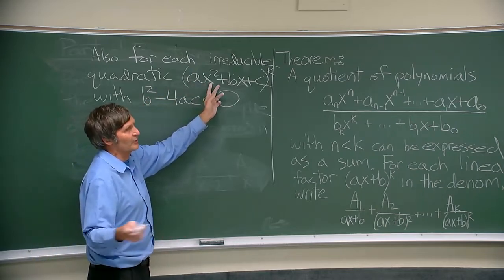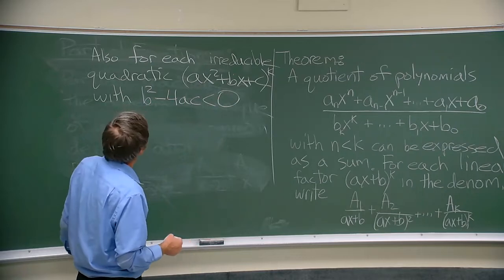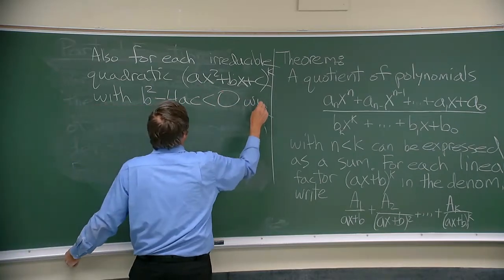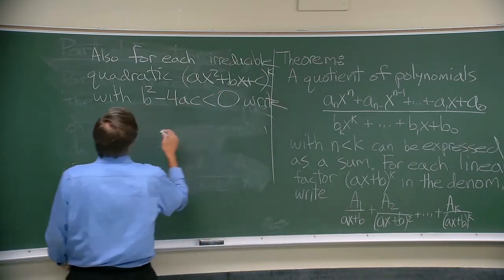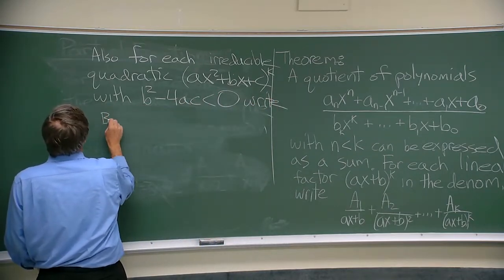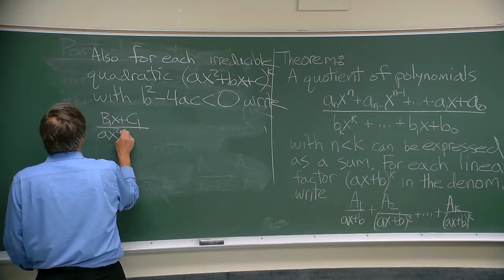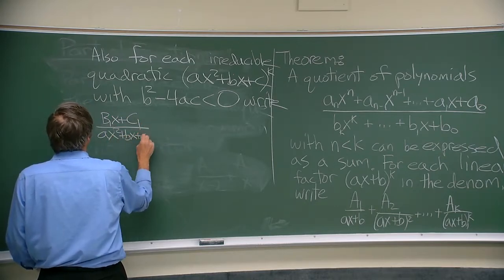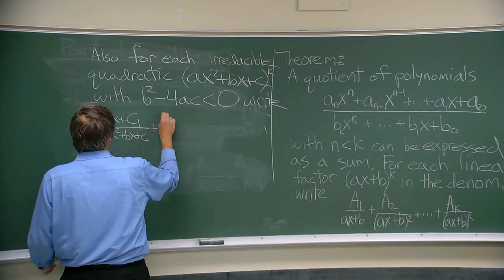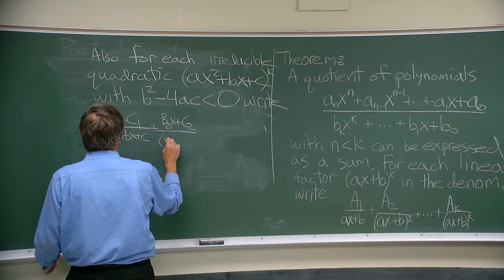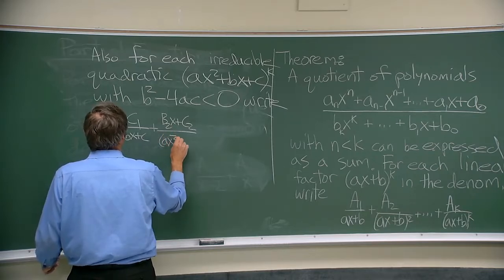And when an irreducible quadratic that doesn't factor any further over real numbers is raised to the kth power, you write this kind of a sum. You write b1x plus c1 over the irreducible quadratic, plus b2x plus c2 over the irreducible quadratic squared.